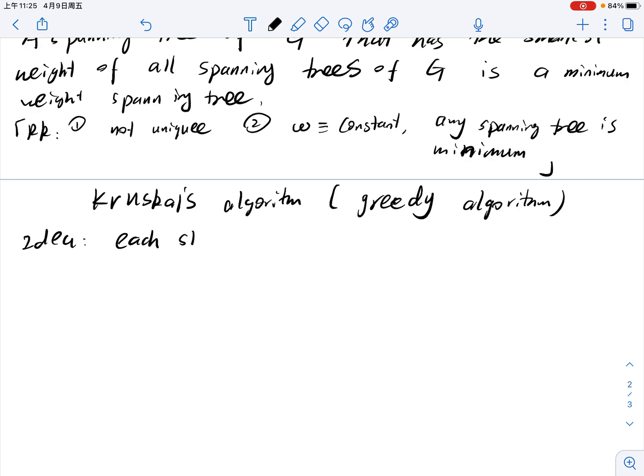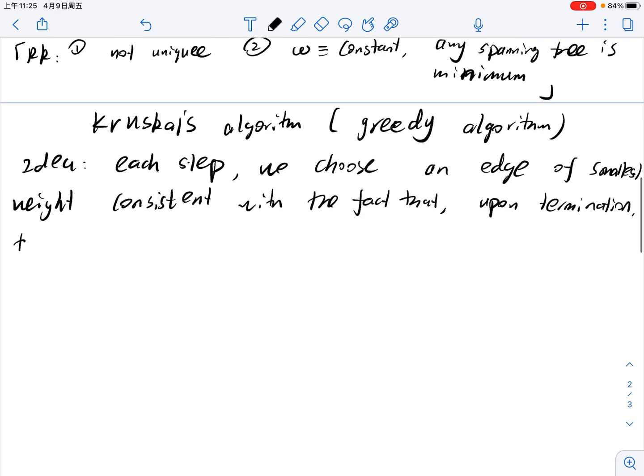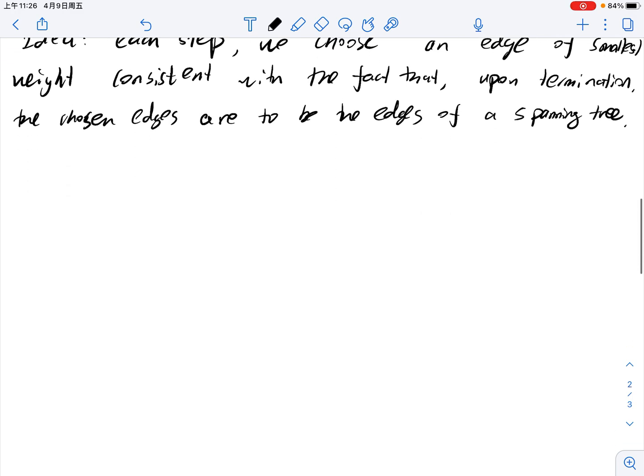At each step we choose an edge of smallest weight and satisfying an extra condition, that when we terminate, the chosen edges are to be the edges of a spanning tree. So in other words, there's no cycle.